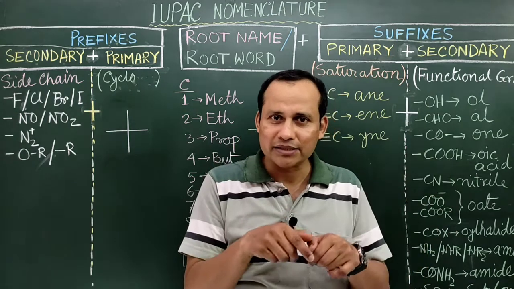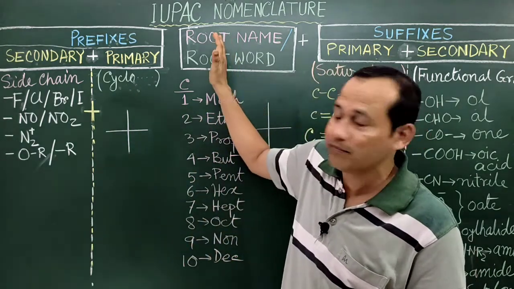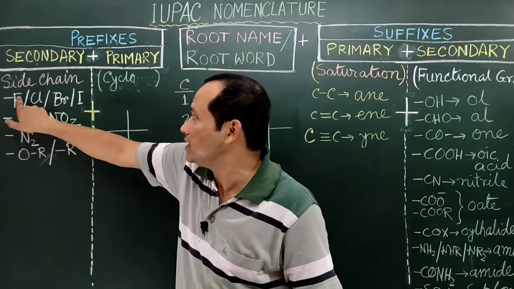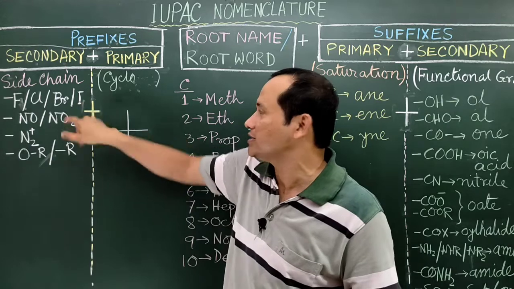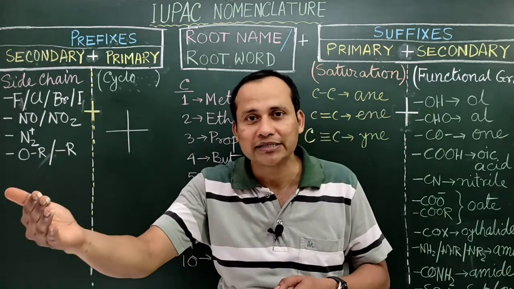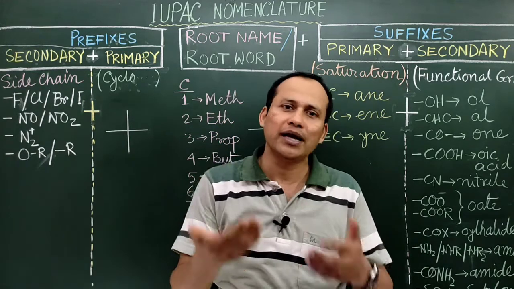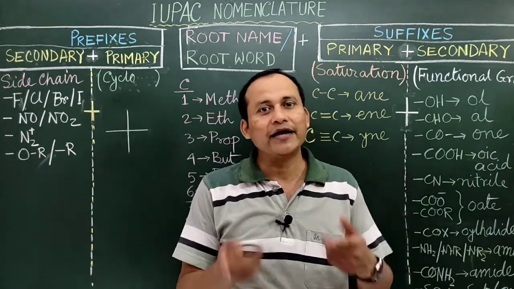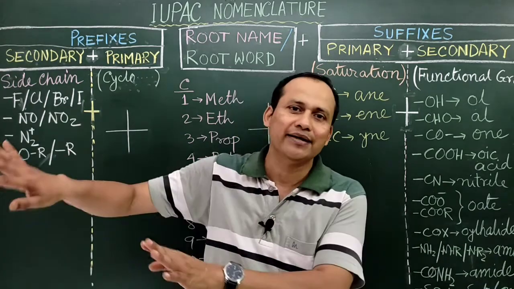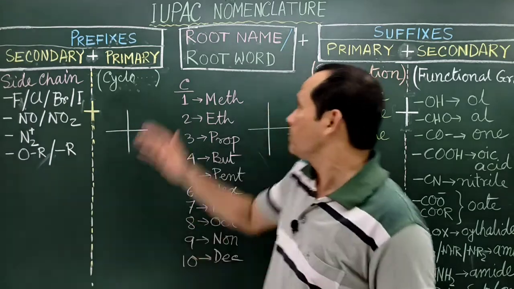These substituents are named before the main name, like this. If fluorine is there, the term fluoro is added. If iodine is there, the term iodo is added. Don't be confused about this. All these things will come one by one in different examples, and when they come, I shall make these things clear. Just right now know this.